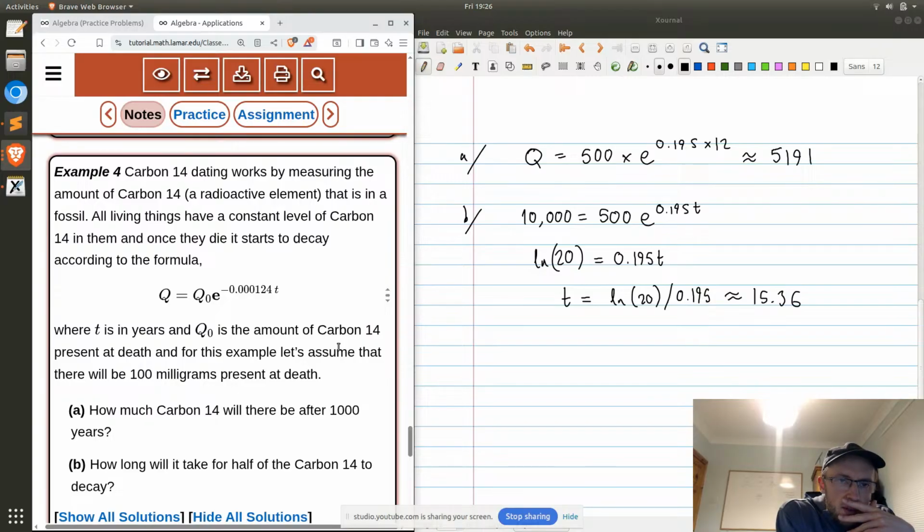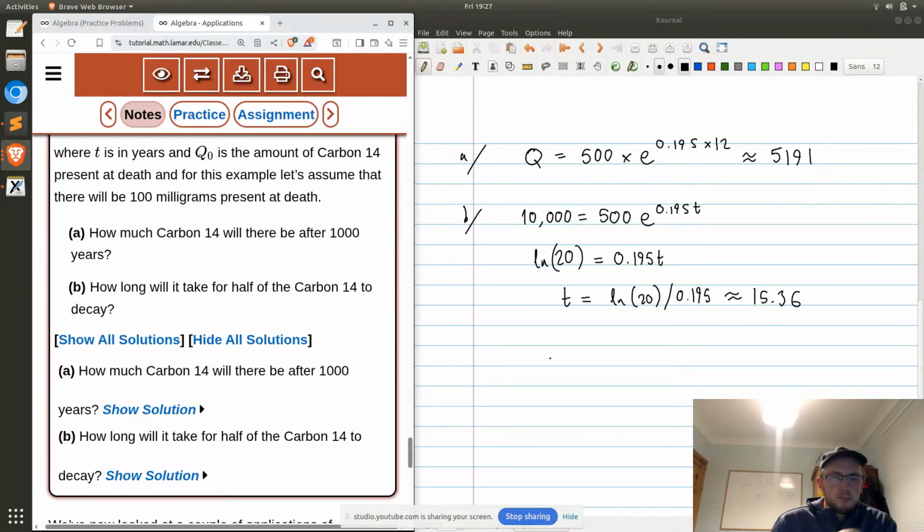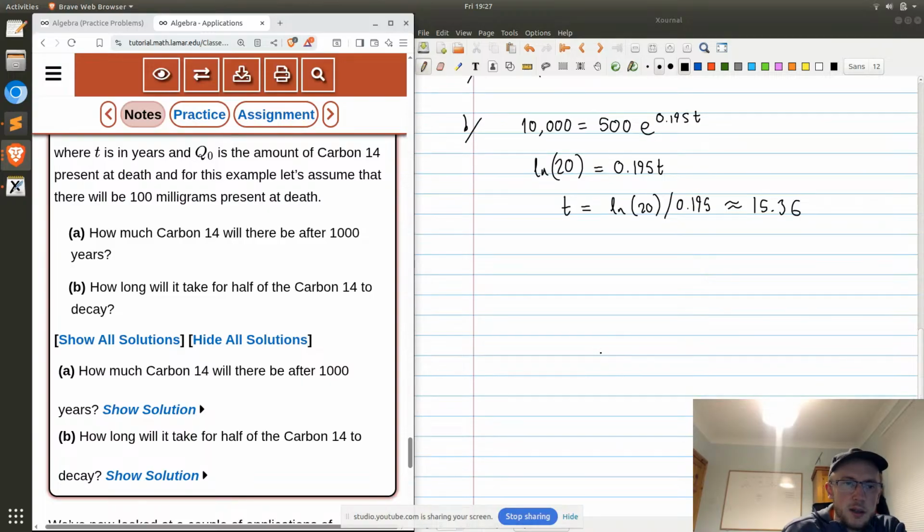All living things have a constant level of carbon-14 in them, and once they die, it starts to decay according to this formula right here, where T is in years, and Q0 is the amount of carbon-14 present at death. And for this example, let's assume that there will be 100 milligrams present at death. Okay. I really can't wait to do the earthquake one, because I've never done it before.